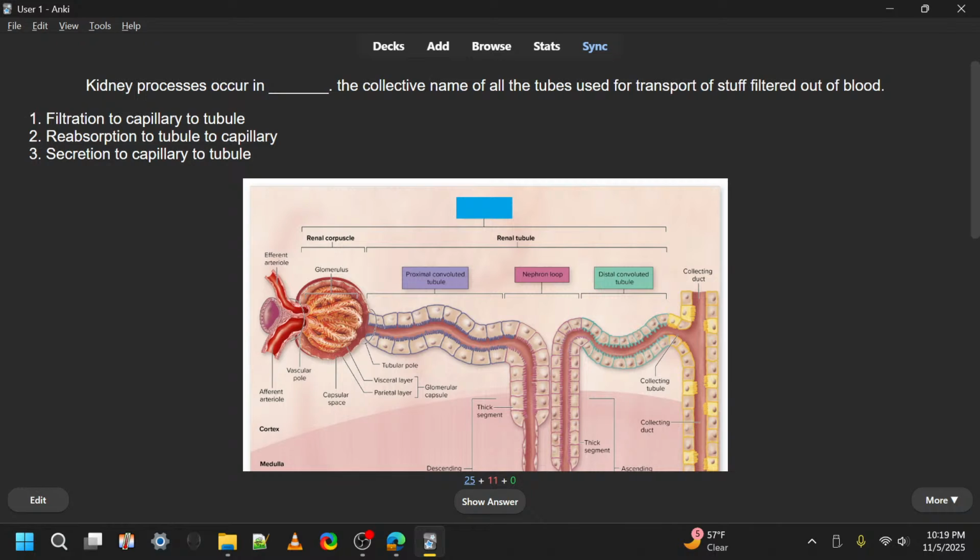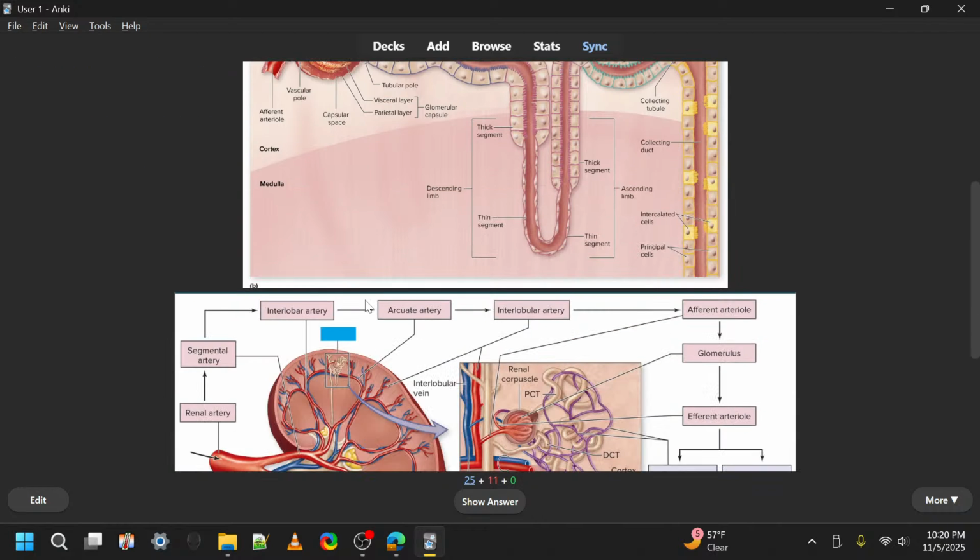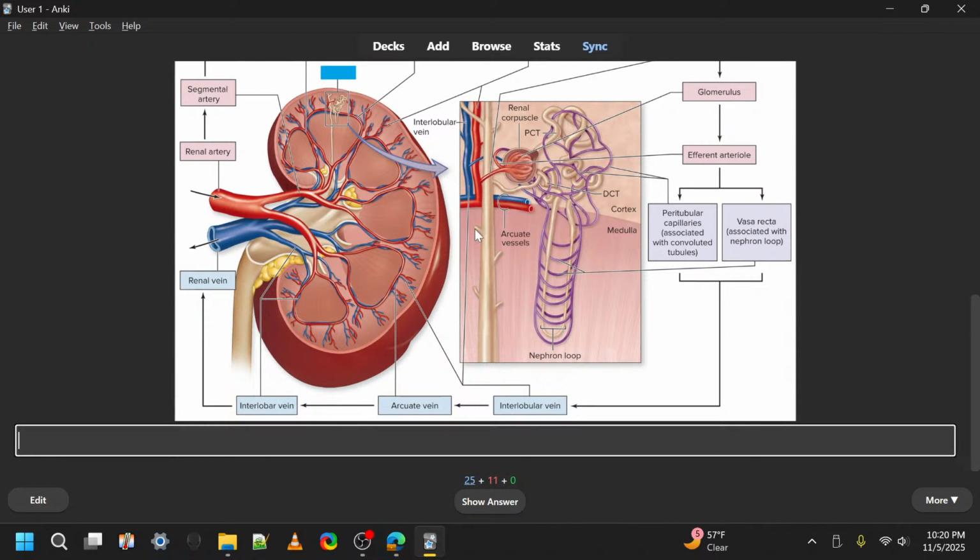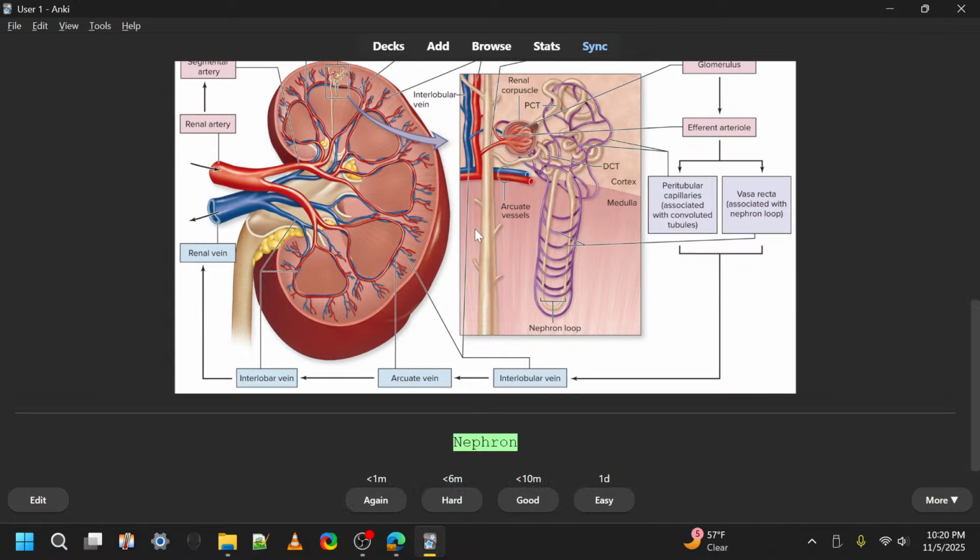Kidney processes occur in the nephron, the collective name of all the tubes used for transport of stuff filtered out of the blood. So filtration is capillary to tubule, reabsorption is tubule to capillary, secretion is capillary to tubule. So this is the nephron, I believe. Nephron. Nice.